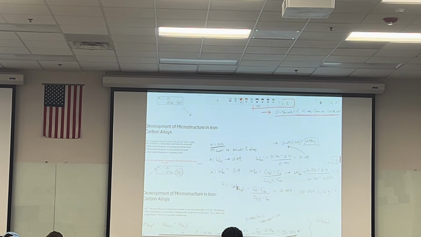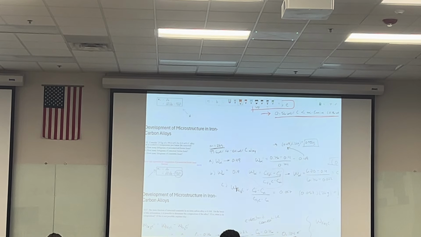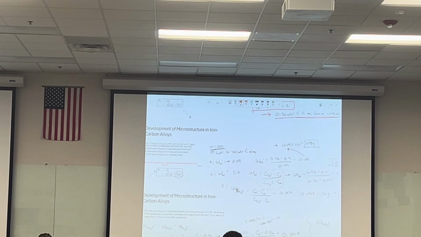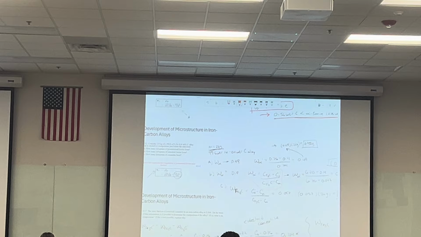I'll put it in orange. To figure out the level for that one, that's this equation here. And essentially you do the same thing. So the 6.7 is the given value for that phase, the iron carbide phase. The 0.4 again is coming from that 0.4% of the carbon.